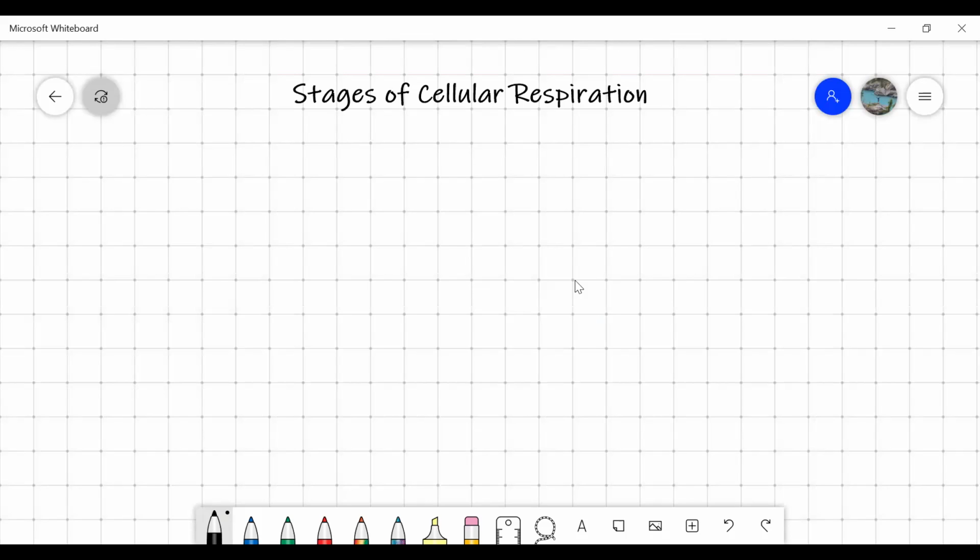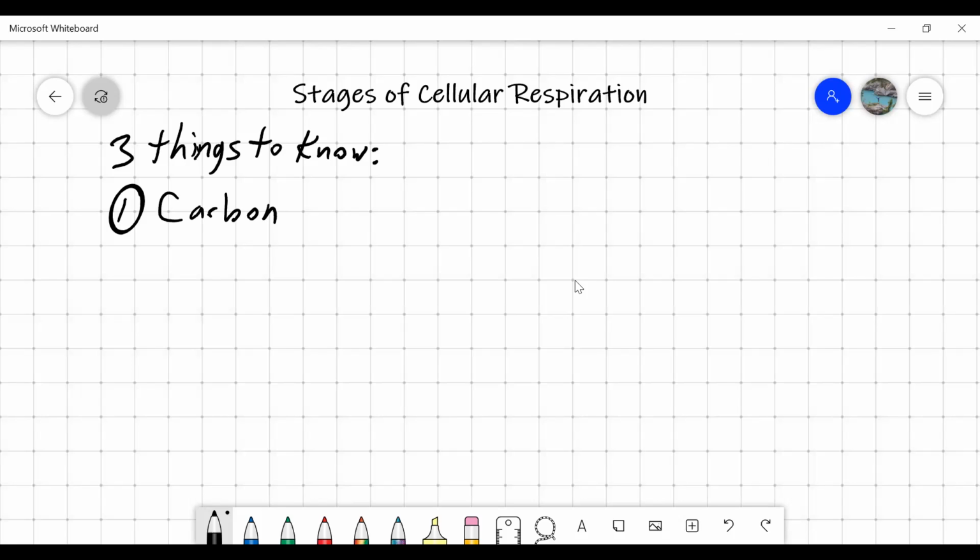But before we get there, there are three things I want you to pay attention to. Three things to know. Okay, one, I want you to pay attention to the carbon. So we'll call number one carbon.